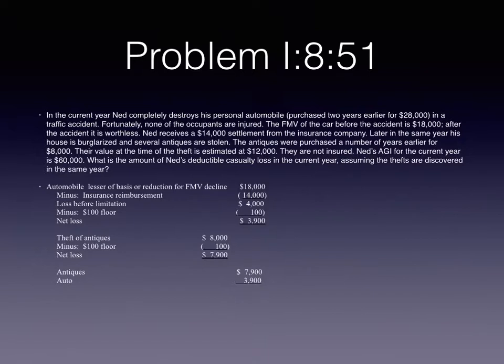So we add those two net losses together and we get a total loss of $11,800. But there is also the 10% of AGI limitation on the total amount of casualty losses that we're able to take. 10% of our $60,000 AGI is $6,000, so we will subtract out 10% of AGI, and we're left with a $5,800 total deductible loss from casualty loss in the current year.